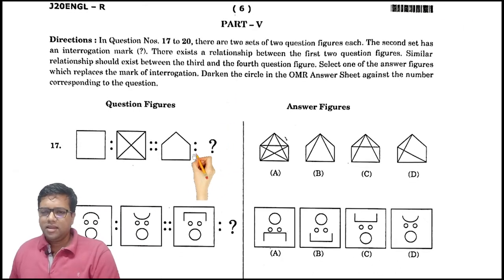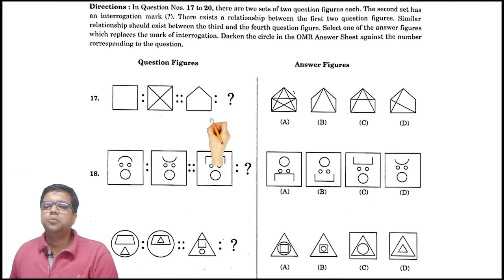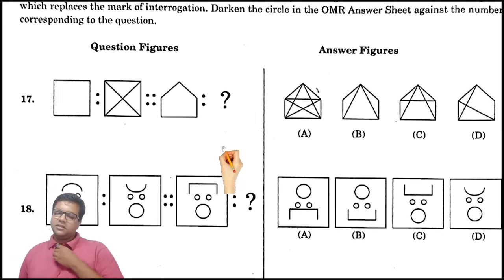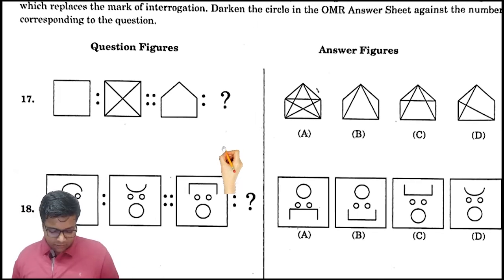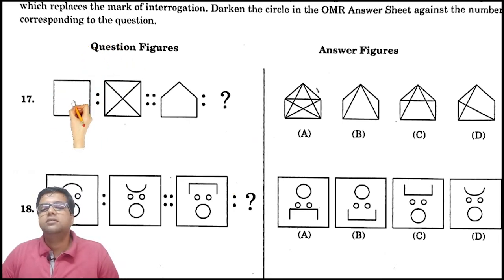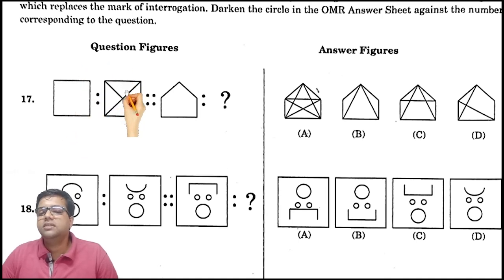See, again, this is kind of a ratio proportion kind of question, but it is represented in a figurative manner. Quite easy. There is a first figure given over here. Some sort of modification has been done over it in the second figure. What are the changes done in the second figure?